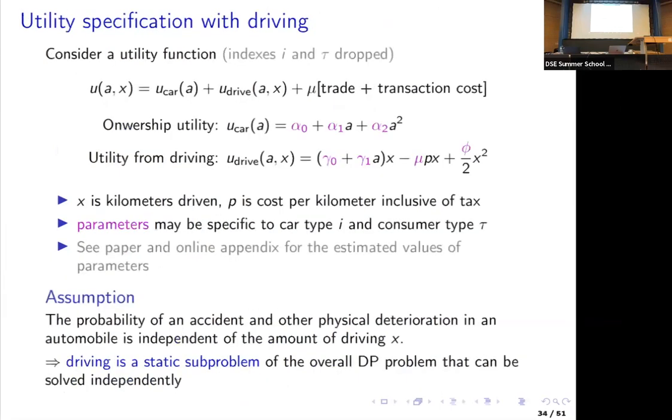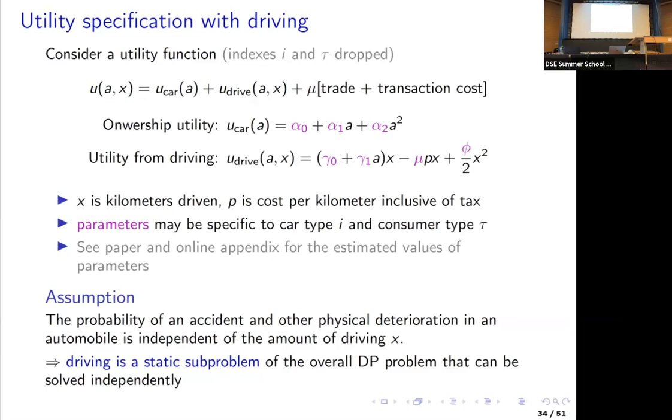Okay, I'll have to really rush through this, but the main points are that, given the computational framework that we've described, you've noticed the functional forms were all left unspecified for the utility and for the transaction costs. There's a lot of flexibility in this computational framework, but in the application we have to specify a particular utility function. We have a utility of car, which depends on age.